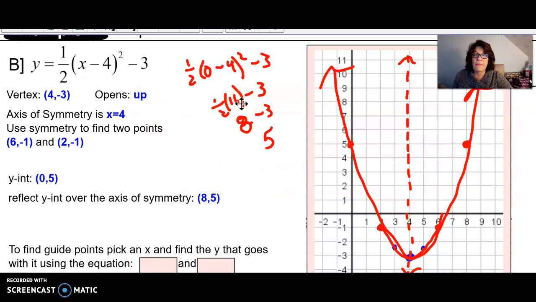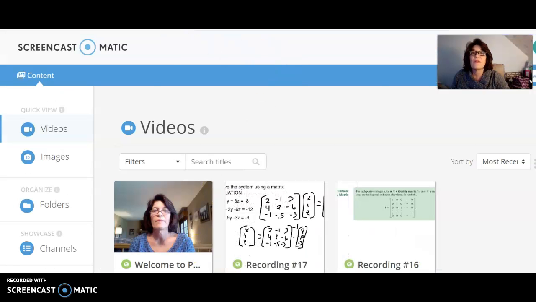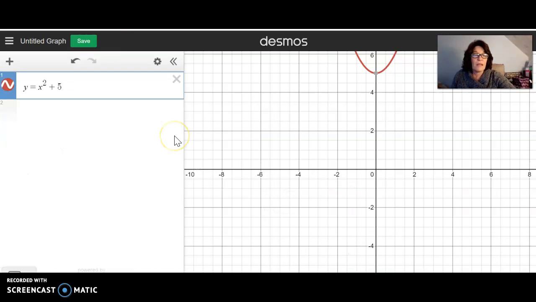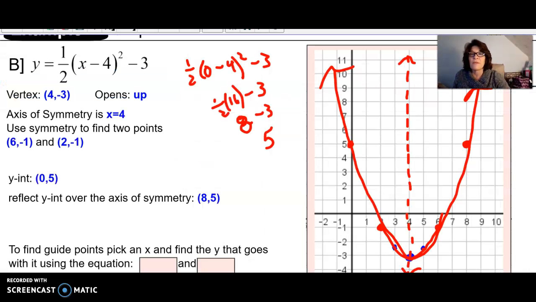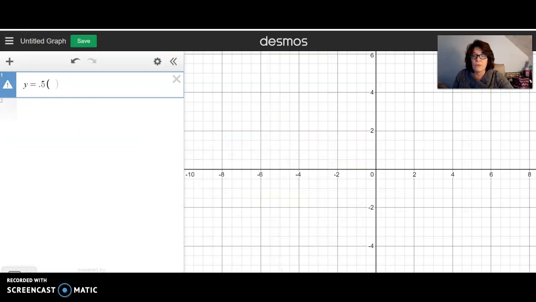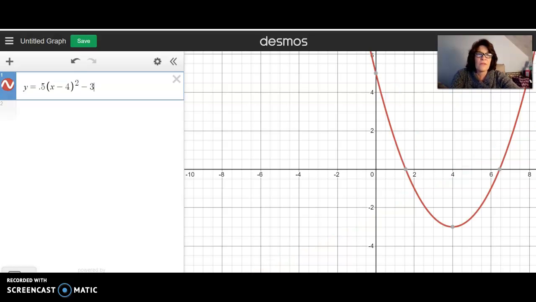Again, please remember, I don't mind at all if you use Desmos and graph there just to make sure. What was it? 1/2 times, I just did 0.5 instead, but 1/2 (x minus 4) squared, minus 3, is that what it was?